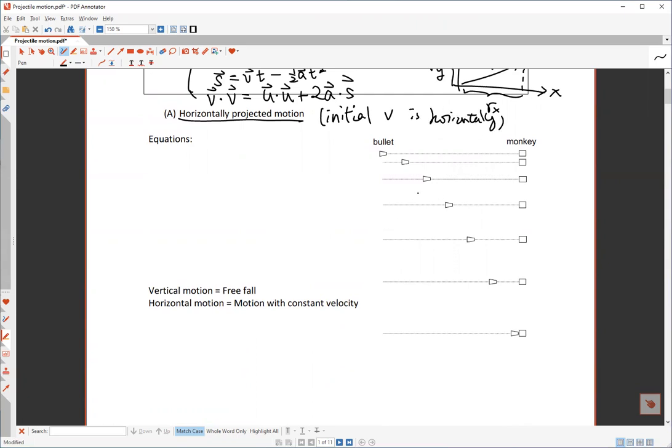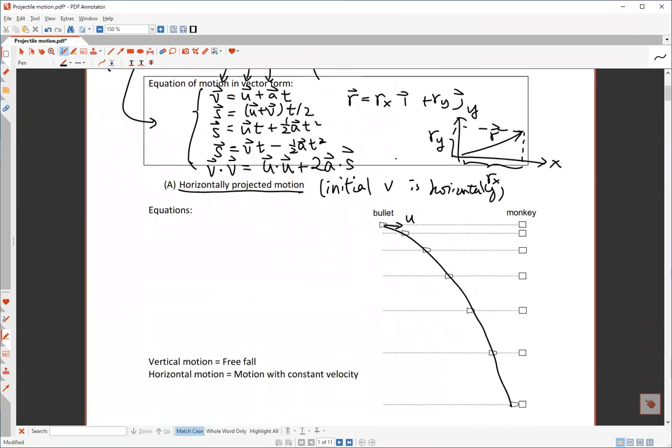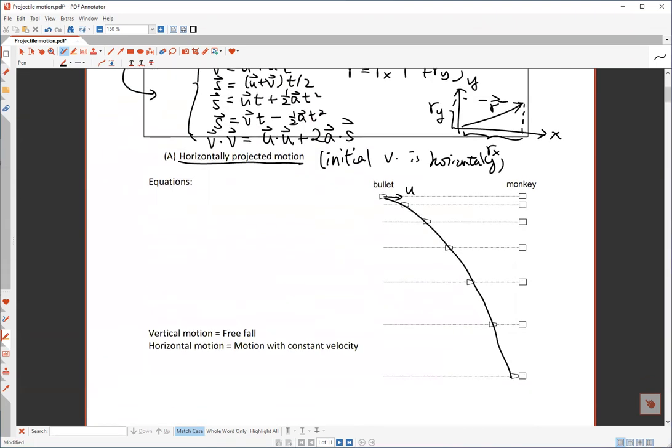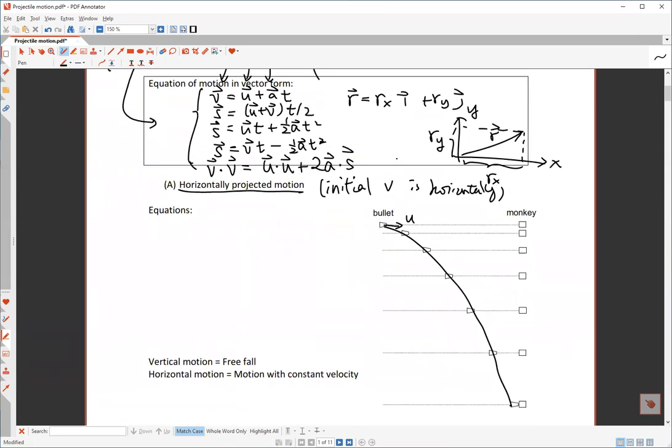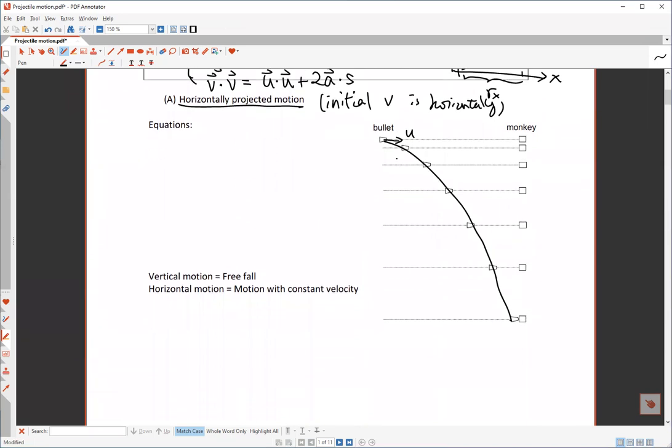Let the initial velocity be u, and it will follow a parabolic path in space. We are going to find the initial and final velocity, and the displacement along the horizontal and along the vertical. What I told you is that we just use these two equations.